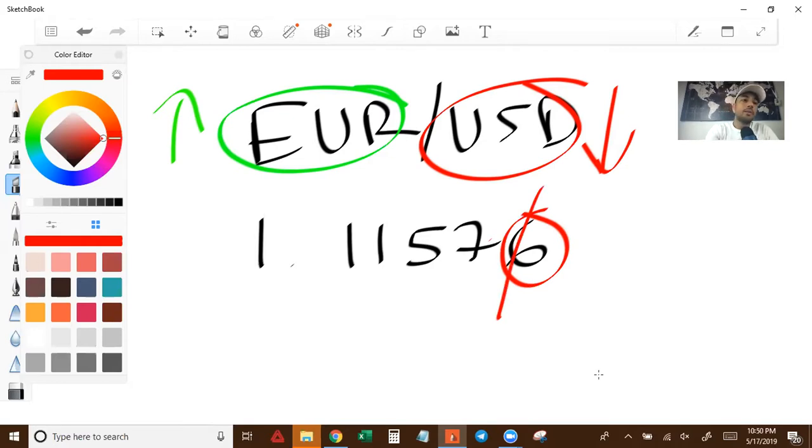Now, the second number from the right is considered the single-digit pip. This is considered an actual pip, and it goes like this: 1, 2, 3, 4, 5, 6, 7, 8, 9, and then it moves on to the next number, 10. So this is considered the 10-digit pips.